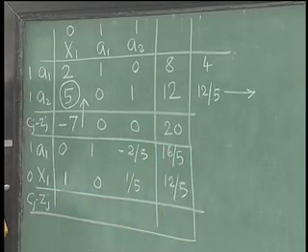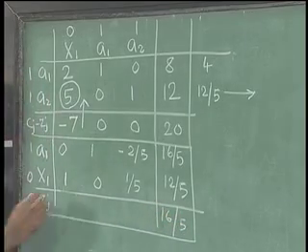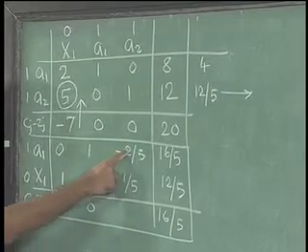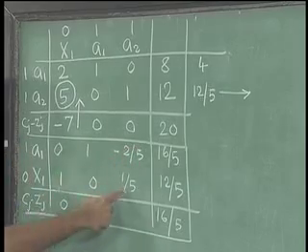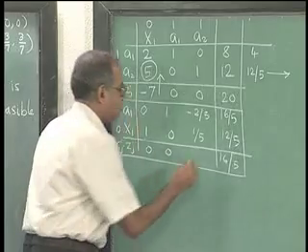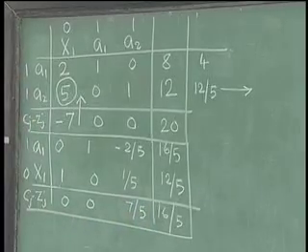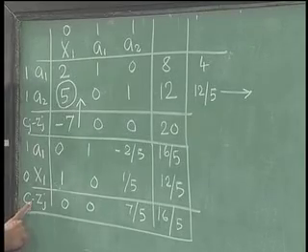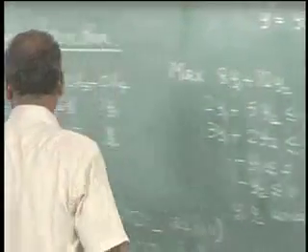So objective function value is 16 by 5, 0, 0, plus 2 by 5, 0, minus 2 by 5, 0, so minus 2 by 5, 1 minus minus 2 by 5 is 7 by 5, right. So this is Cj minus Zj, so no entering variable, the algorithm terminates with the optimum solution.